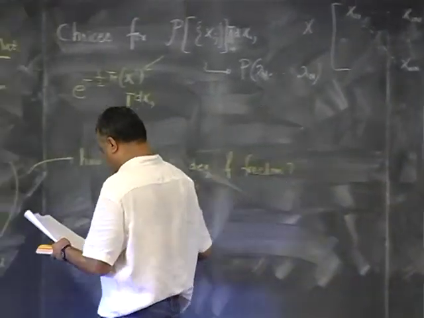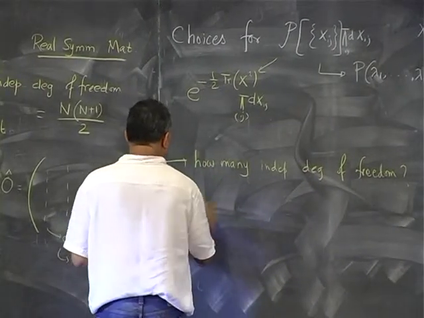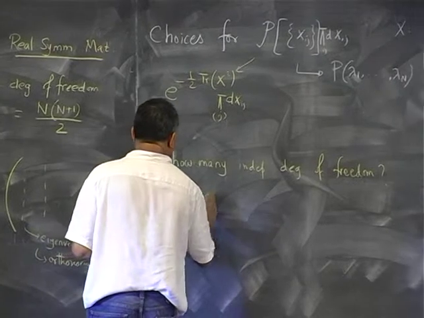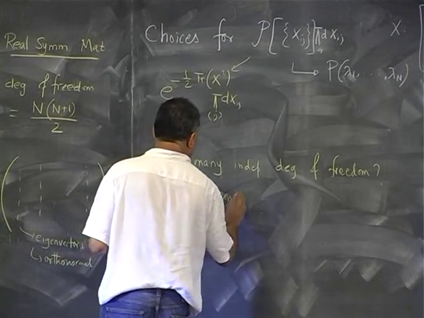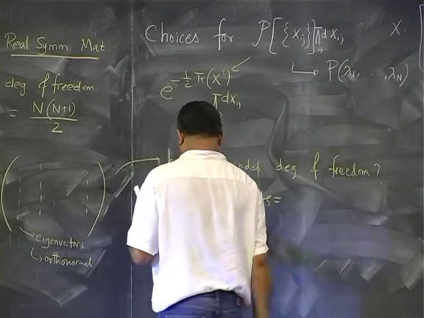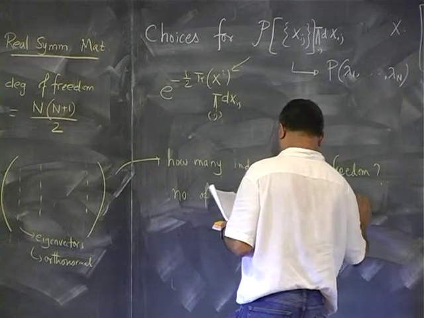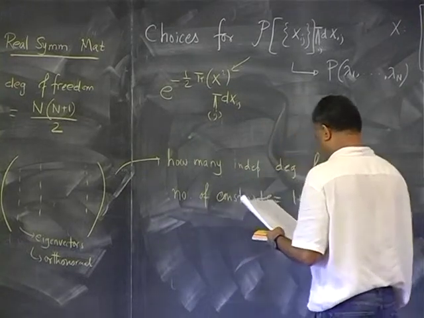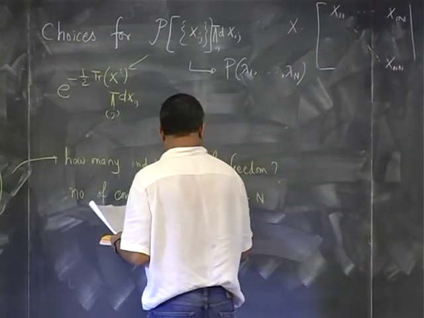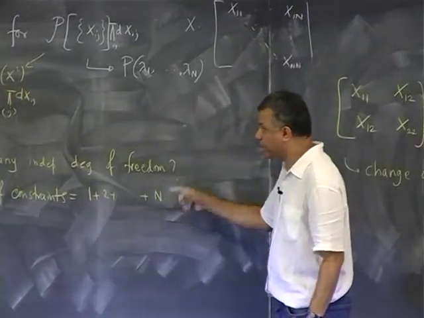Very good. So the number of constraints is this. Is this clear?